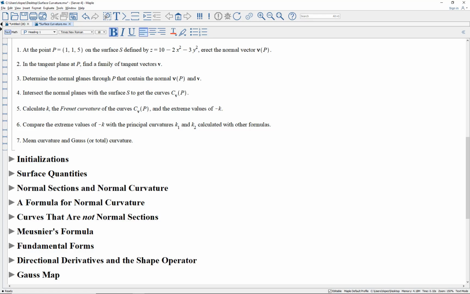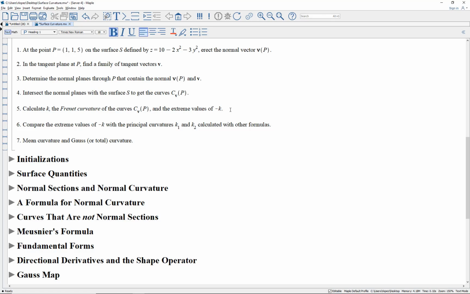Then I needed these slicing planes. I needed the intersection of the slicing planes with the surface to get these normal sections, these curves. Then I calculated the Frenet curvature of each of those curves, or that family of curves, and I obtained the extreme values, and typically there's a minus sign inserted, and we'll have to see where that minus sign comes from.